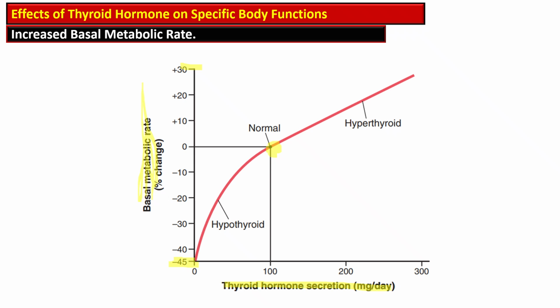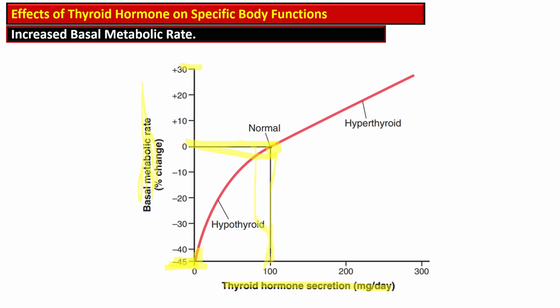At 0 milligram per day, the BMR drops to minus 45, indicating severe hypothyroidism. Around 100 milligram per day, the BMR is at 0% change.